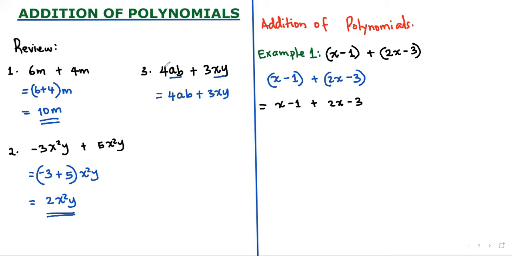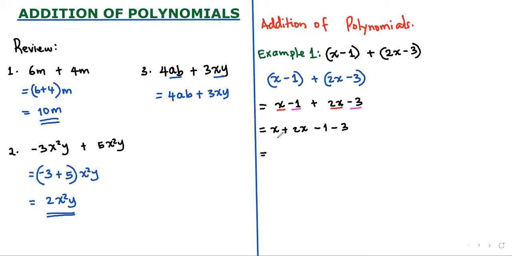Now we are going to collect the like terms. So we get x and 2x, then we get -1 and -3. So we will first get x plus 2x minus 1 minus 3.